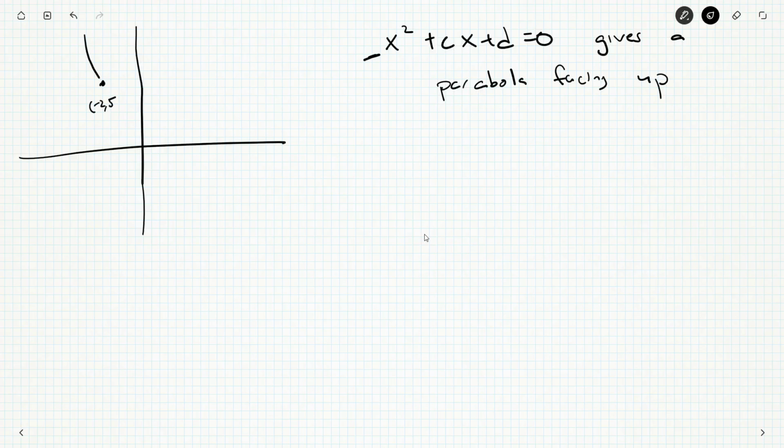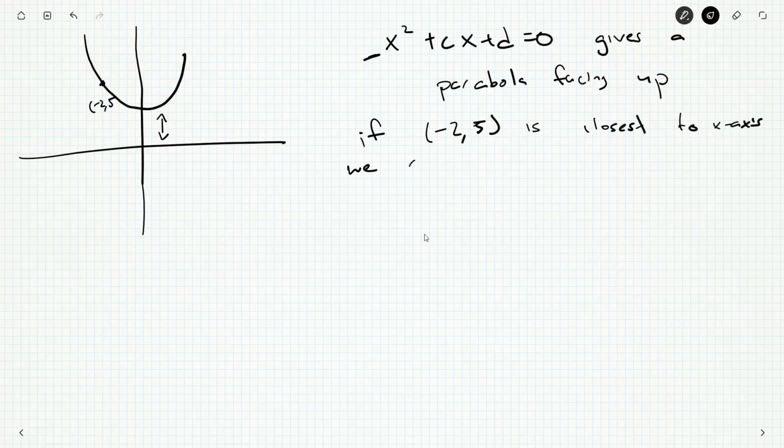Now, if my parabola is facing up and it comes down like this, well, there's a closer point to the x-axis. If (-2, 5) is the closest point, we can see that it's kind of got to be the vertex.